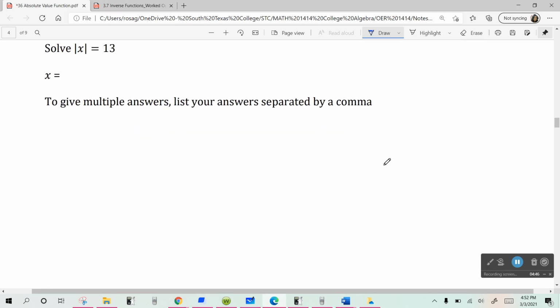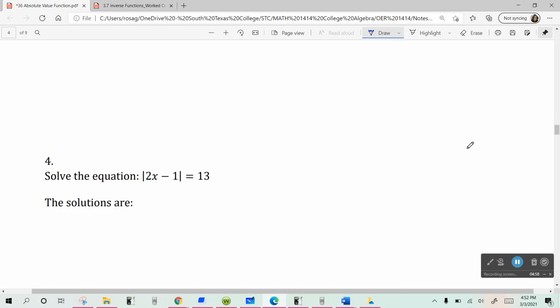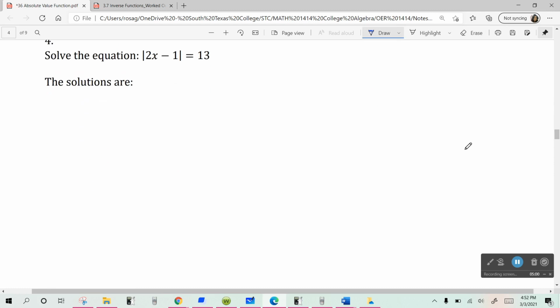Solving absolute value equations, we know that if it's +13, it's the +13 and the -13 that give you that answer on the absolute value. When it's something like this, I do answer it differently than most books. Basically, I create two equations.